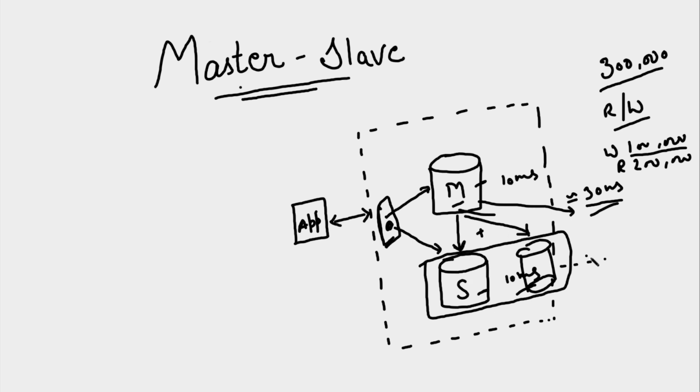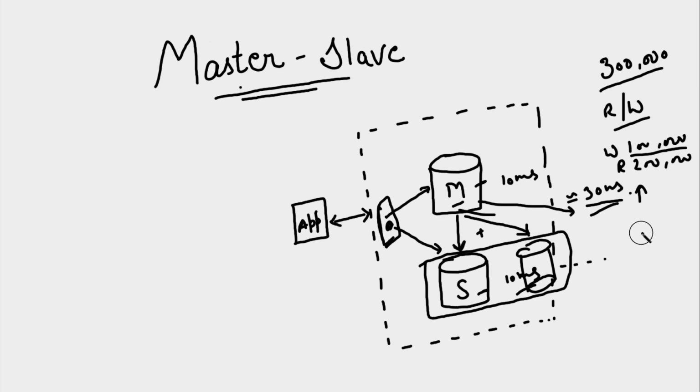Now as you add more and more slaves, that write transaction time will also increase. So the problem here is you can write, but the time will be more in case there are many slaves. But yeah, the read request will be served in no time.